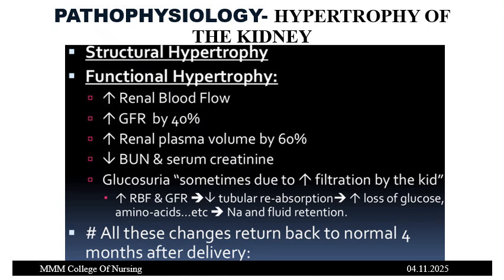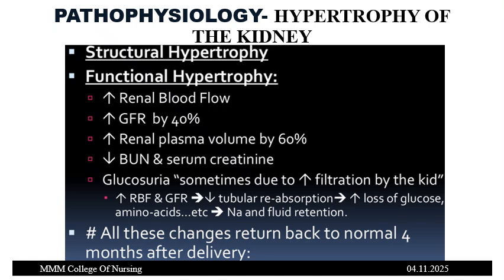Basically there is hypertrophy of all the organs during pregnancy: hypertrophy of the uterus, the cervix, the vagina, the ovaries, the fallopian tubes, and all the pelvic organs. They get hypertrophied, with an increase in the number as well as an increase in the size of the cells. That is called hypertrophy.